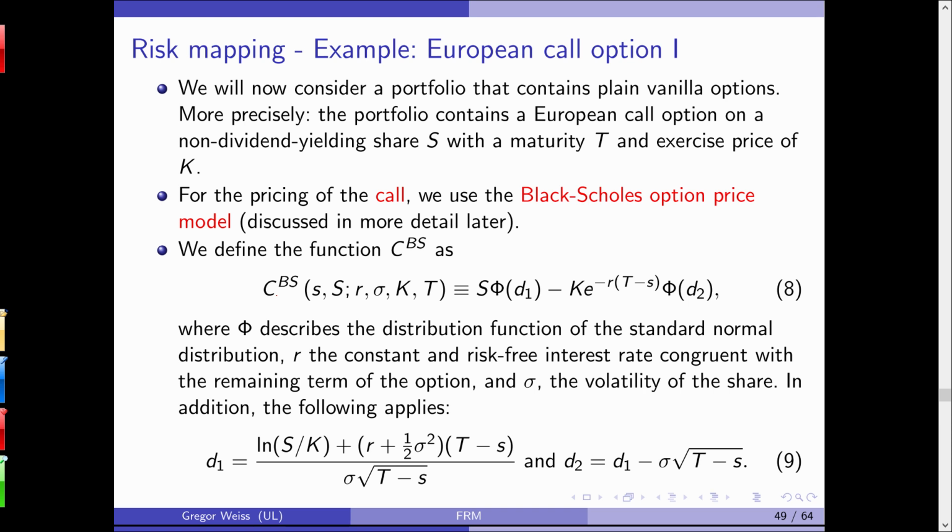The price is given C_BS, Black-Scholes, is given by S, more precisely the current price or S_t, times Phi at d1, the value of the standard normal distribution function, minus K times e to the minus r times T minus t times Phi at d2. d1 and d2 are given below.